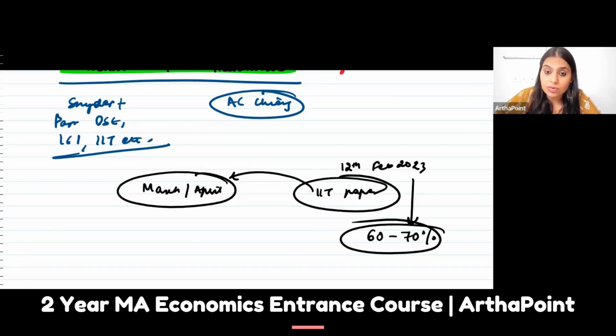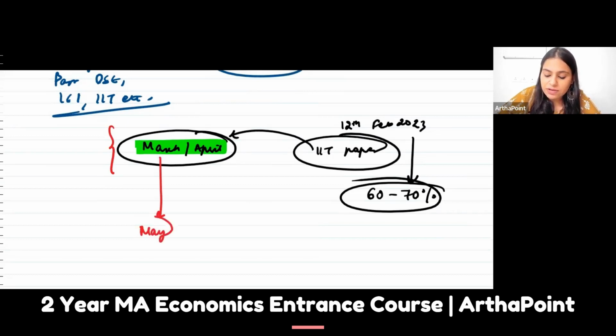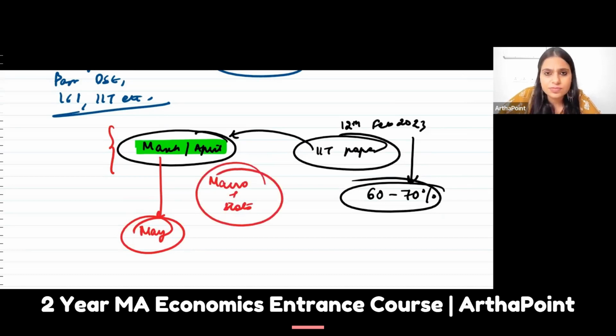But for now, the aim is to cover micro and maths thoroughly by March or April. And since the new batch would start by the end of May, then from March to May, we will go ahead and brush up on a little macro and stats. Don't even try touching this now.